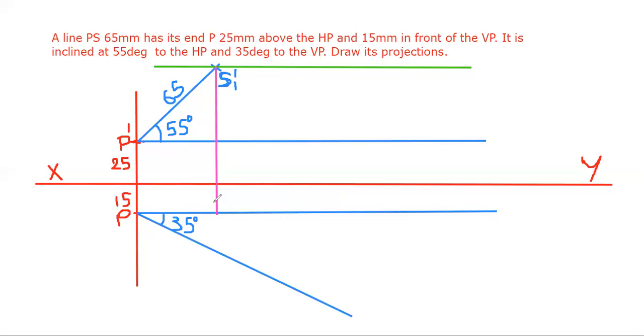Okay. Then again, this is the true angle. So take the true length along this line, which is 65. Somewhere here you will get 65 distance.